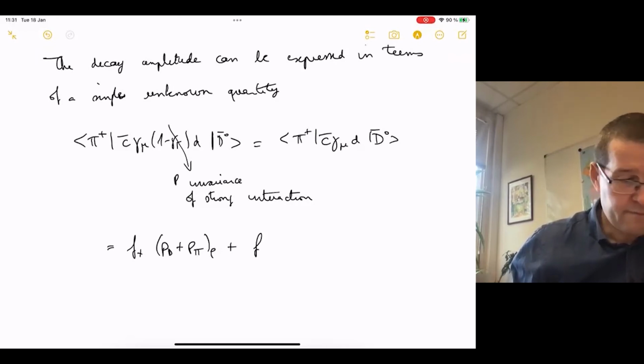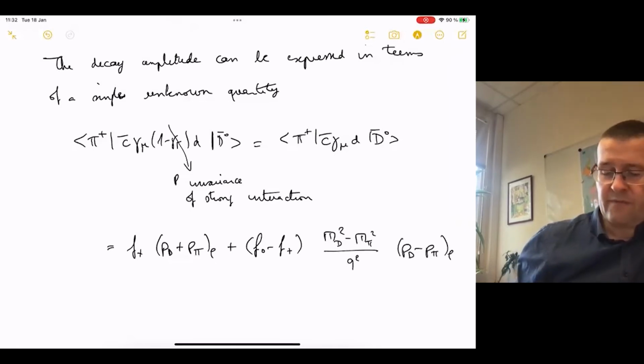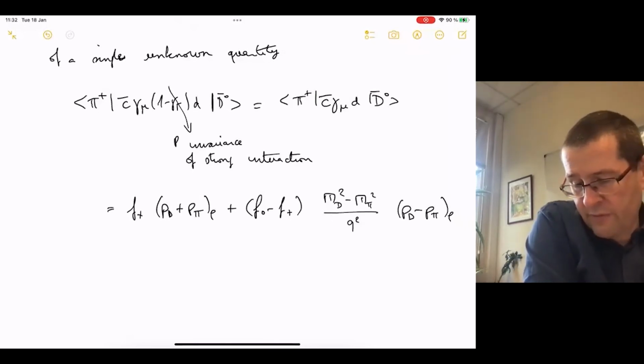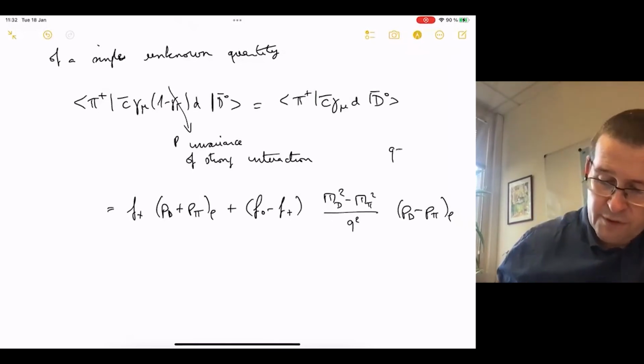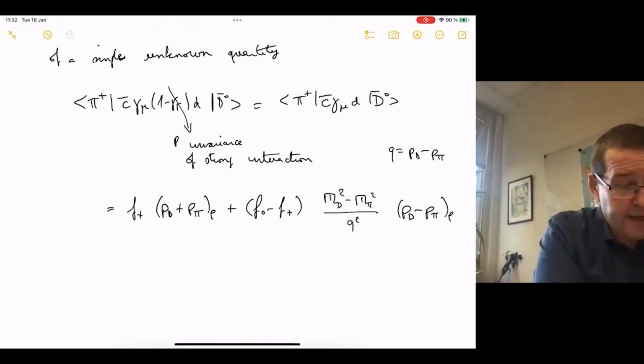Customarily, you've got a term which is proportional to the sum of the momenta, and a quantity which is proportional to the difference of the momenta, that corresponds actually to the momentum of the lepton pair.